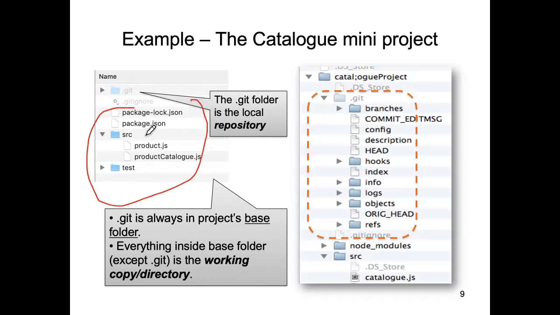And after editing, we may want to commit the changes that we've made into our local repository. So this is our working copy, working directory, working area. Right. So physically, that's what a Git repository looks like in a folder and file sense.